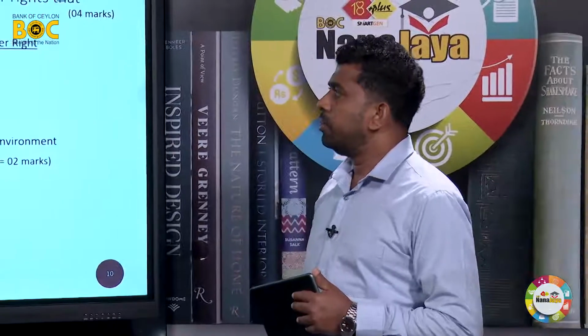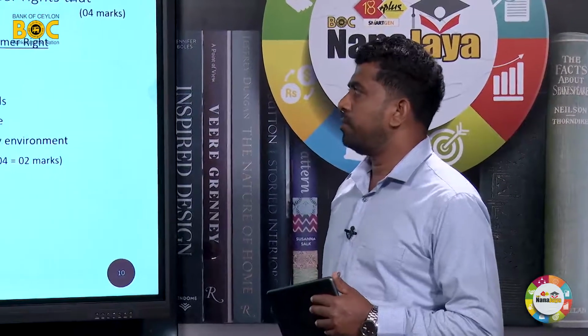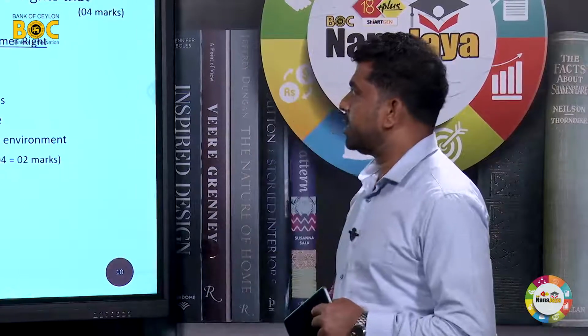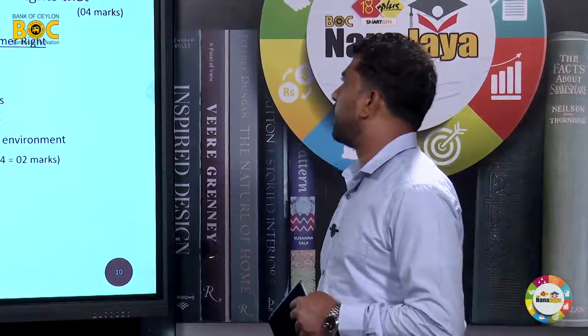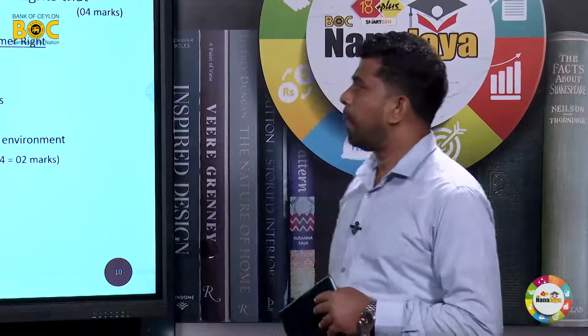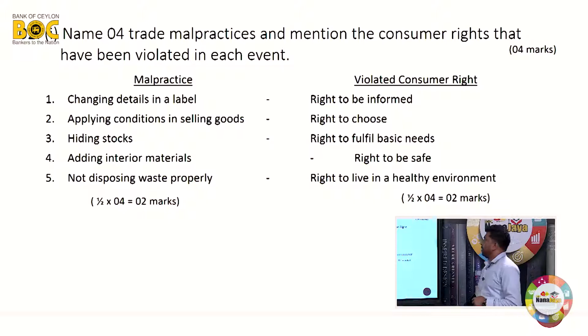Question number 2, Roman number 1. Name 4 malpractices and mention the consumer rights that have been violated in each event. Here I have mentioned some trade malpractices and the violated consumer right in respect to each.